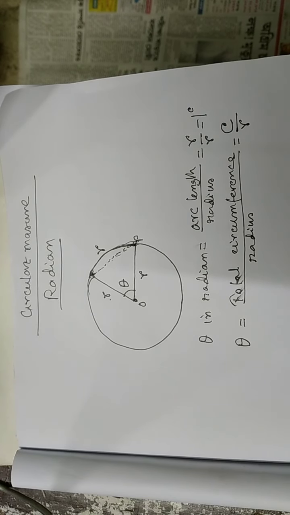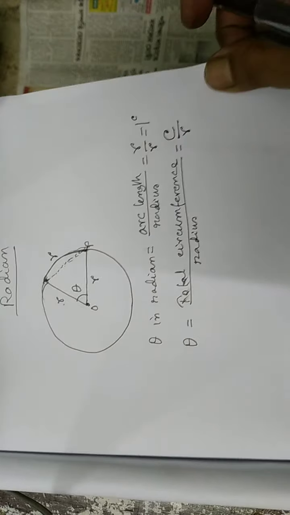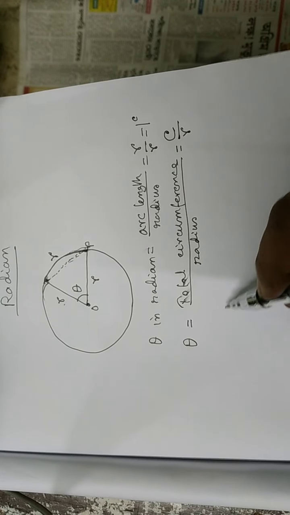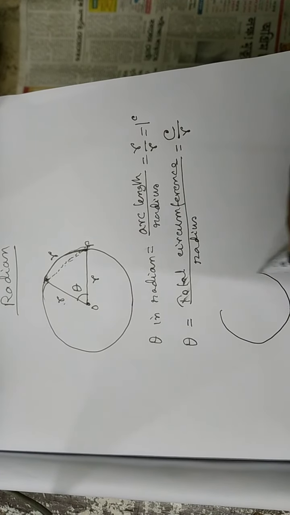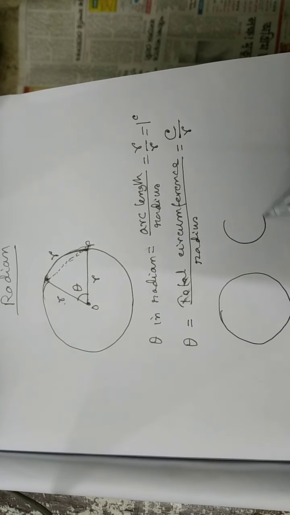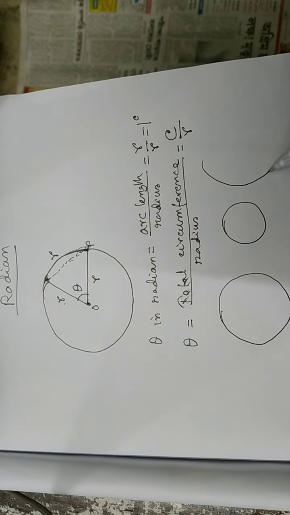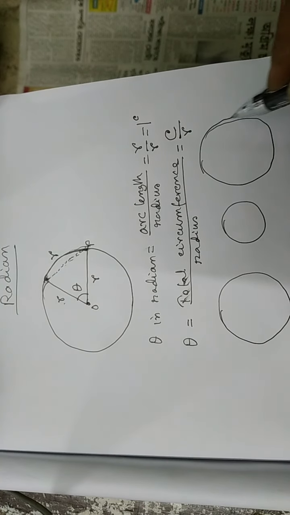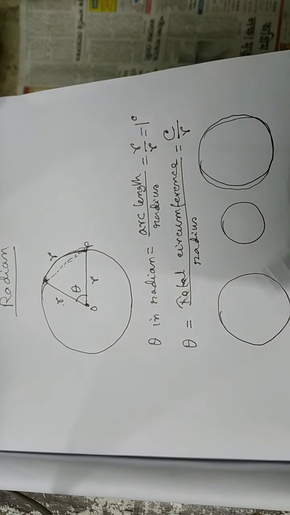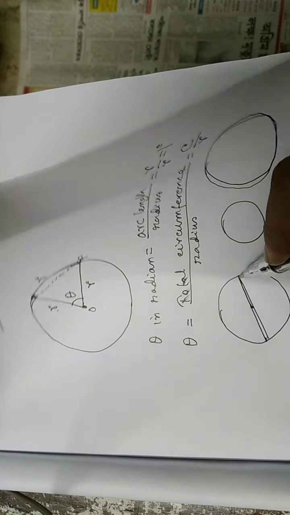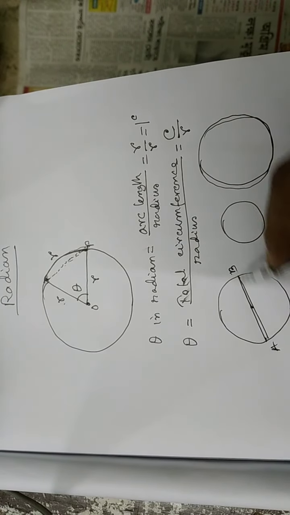Now it is very interesting that for any circle, smaller, bigger, any circle, there is a very interesting relation. That is the diameter. Suppose AB is the diameter of the circle.